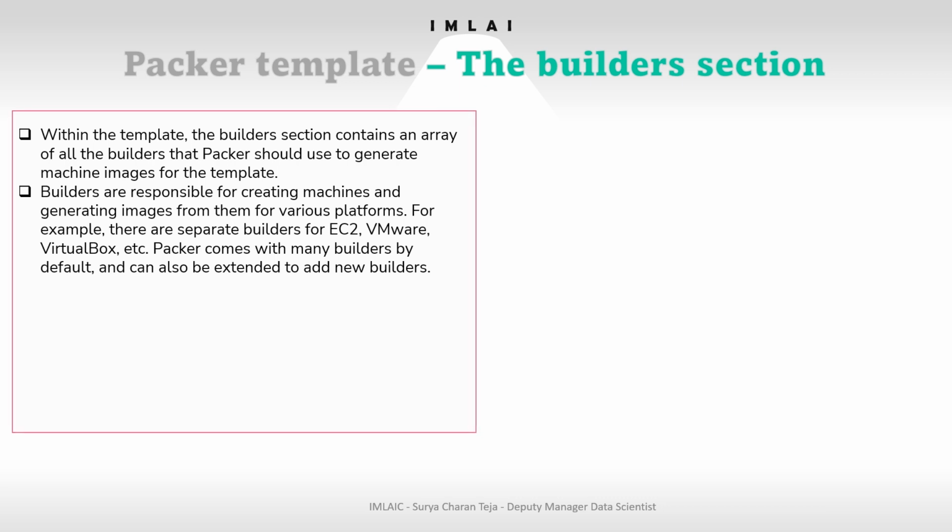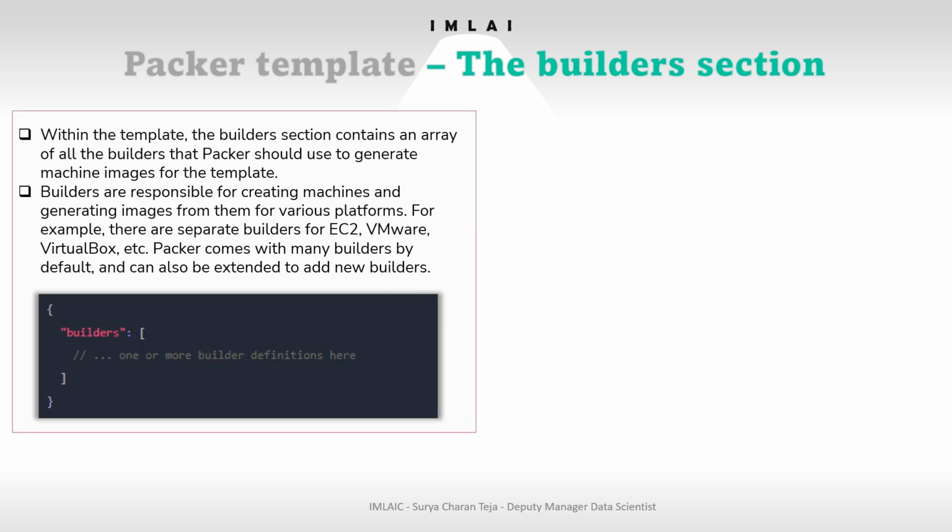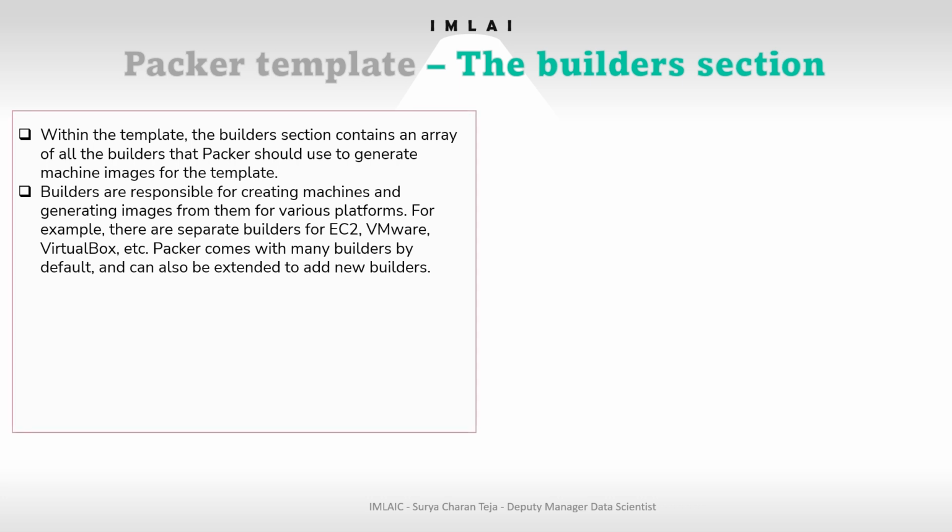Within the template, the builder section contains an array of all the builders that Packer should use to generate machine images for the template. Builders are fundamentally responsible for creating machines and generating images from them for various platforms.